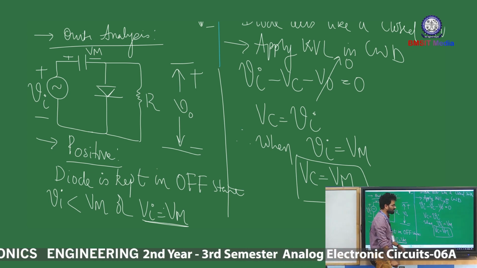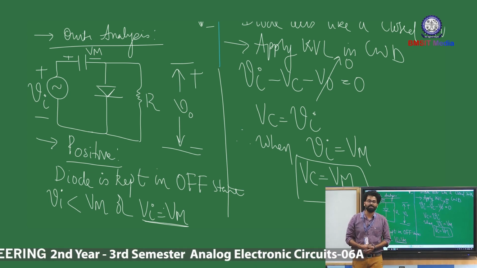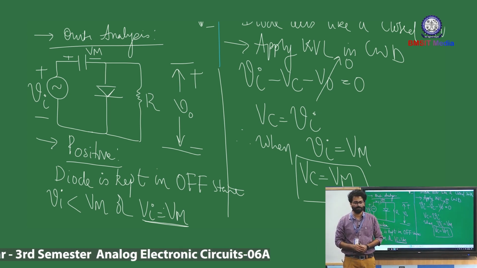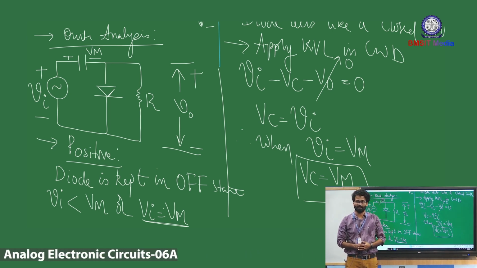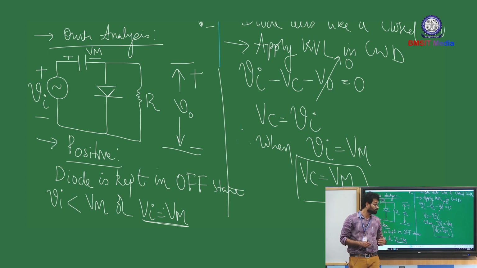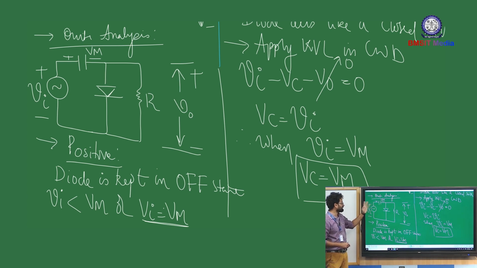This is one of the beautiful concepts in clampers: once the capacitor is charged, the diode will not be in conduction. In the output analysis, whether you consider the positive half cycle or the negative half cycle of the input, the source and the capacitor work in such a way that they always keep the diode in the off state.